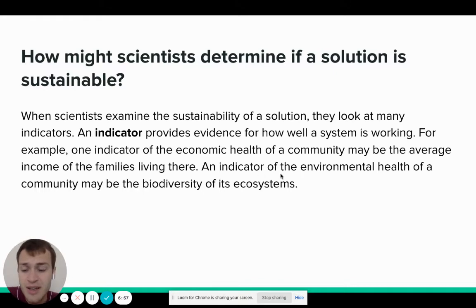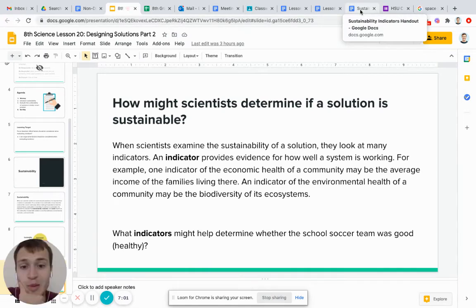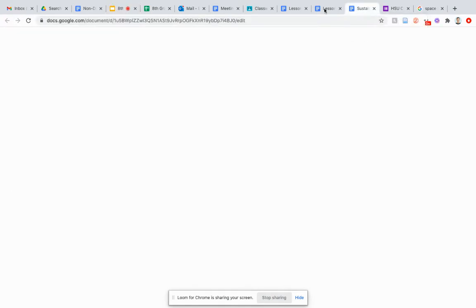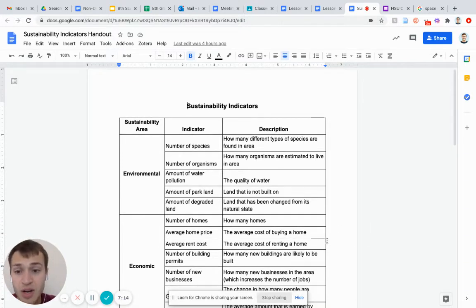So there are lots of indicators we can look at when we're thinking about sustainability or when we're thinking about the environment, economy, or society. So this is a chart that is already on Google Classroom. I'll show you where it is in a minute. But on this chart, there are lots of different sustainability indicators.